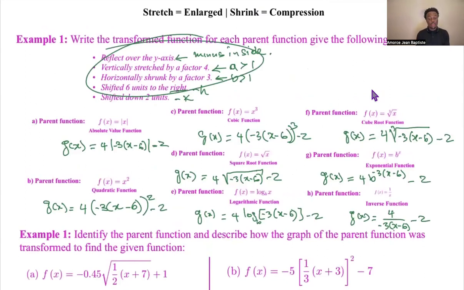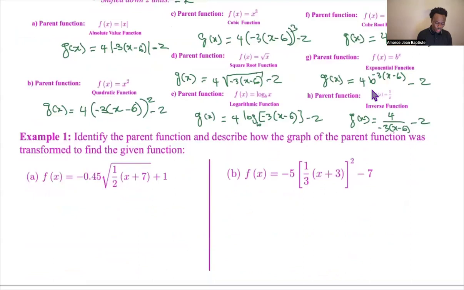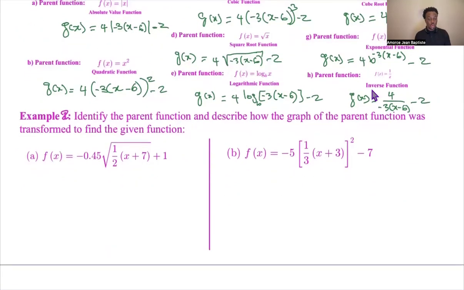I just incorporate them for each of the basic parent functions that we saw earlier in the previous slide. In that next example, example number 2, we're going to do the reverse of it. I'll give you the function with the transformation, and then you will identify what type of transformation each of these are.